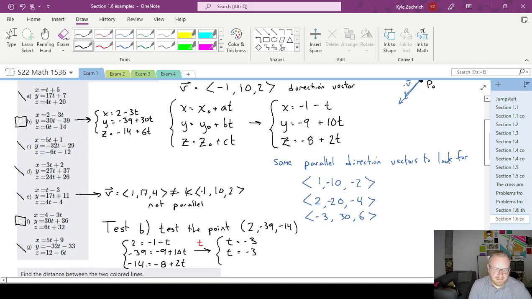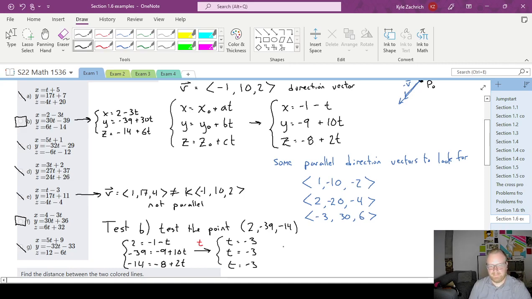And in this case, +8 is going to give us -6 divided by 2. t is equal to -3. All three of these line up.